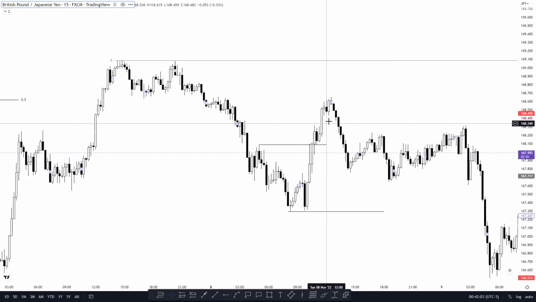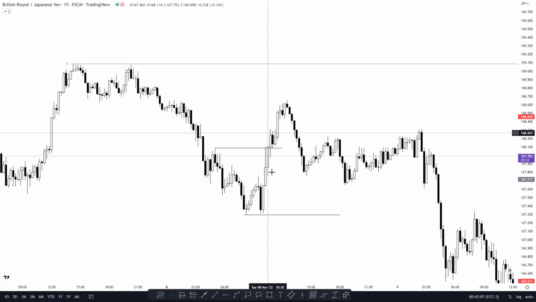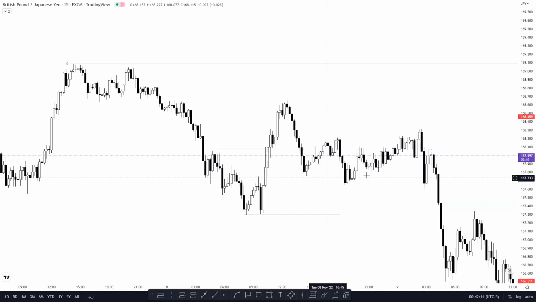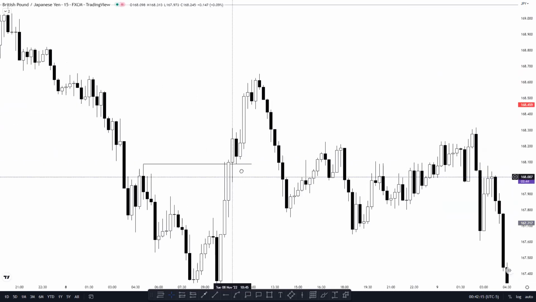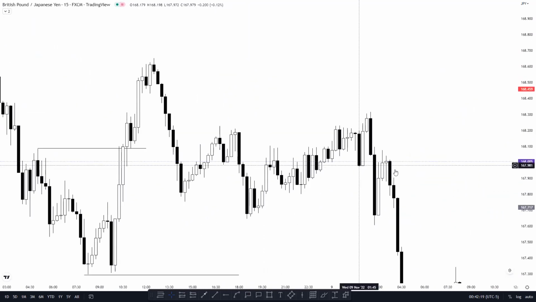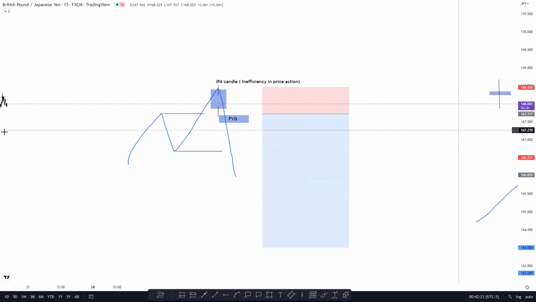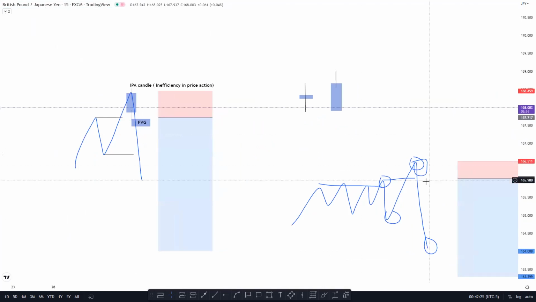So you see this candle has taken out this liquidity, forming lower low, higher high, higher low, higher high, then lower low. This is the clear one. So what we were looking for was a candle with a fair value gap like this.